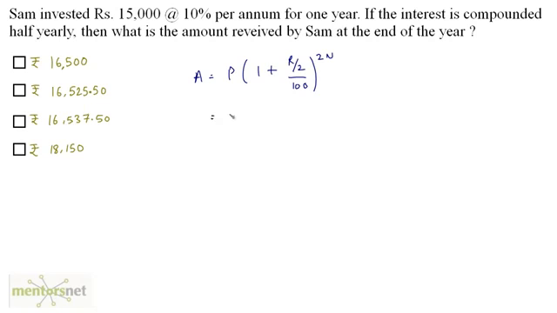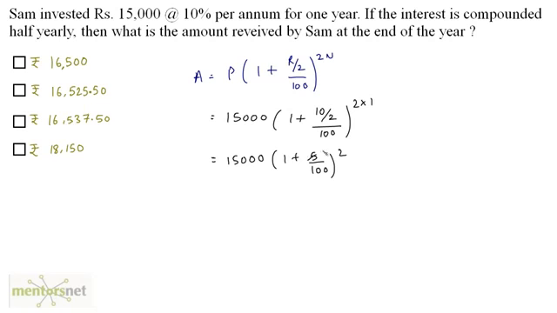So therefore we have principal is 15,000 into 1 plus 10 by 2 upon 100 raised to 2 into n, where n is actually 1 year. So 2 times 1. So I have 15,000 into 1 plus 10 by 2 is 5 by 100 raised to 2. So 5 times 20 is 100. So we have 15,000 times 20 plus 1, that's 21 by 20 square.